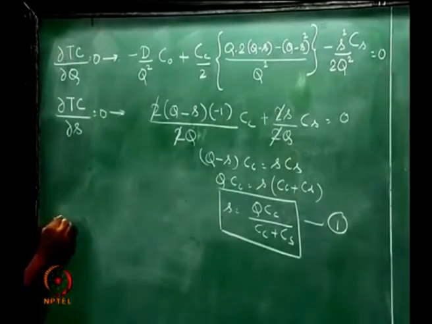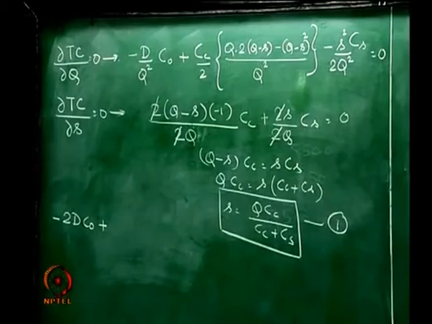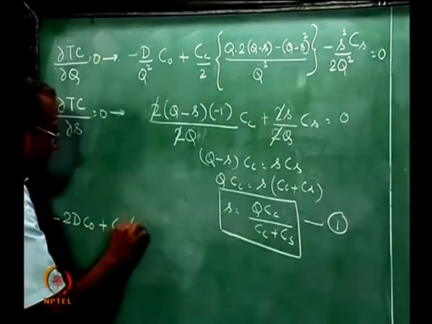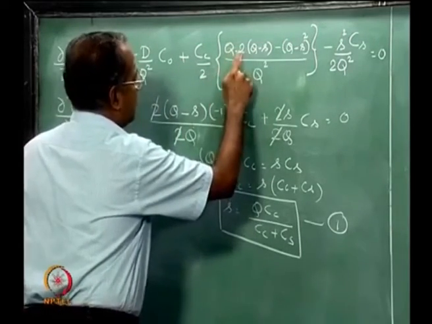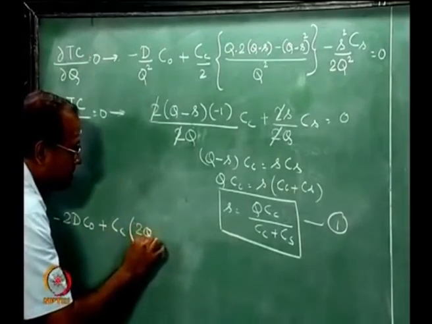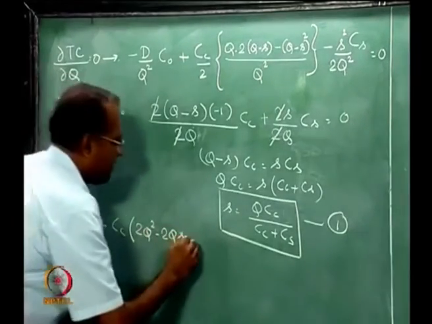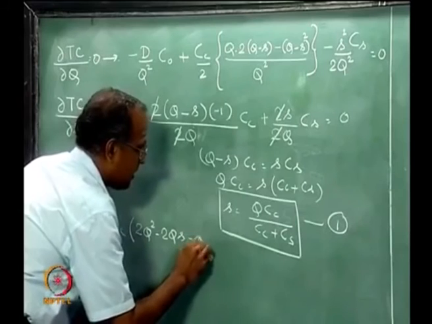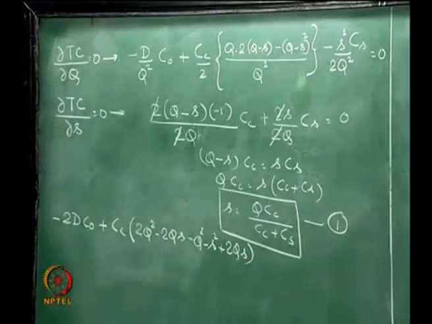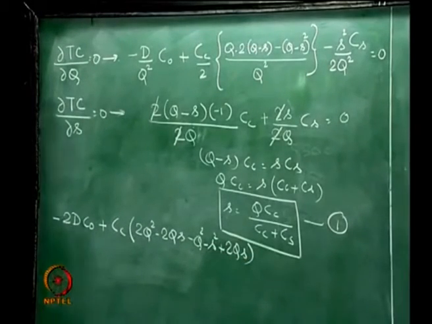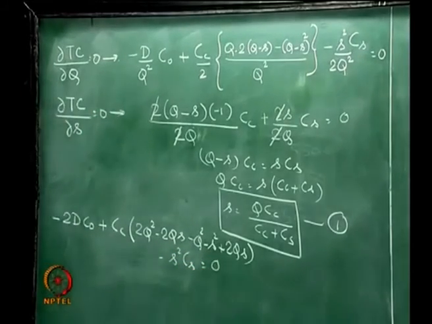So, I will have minus 2d C naught plus Cc into 2q square minus 2qs, minus q square minus s square plus 2qs, minus s square Cs equal to 0.